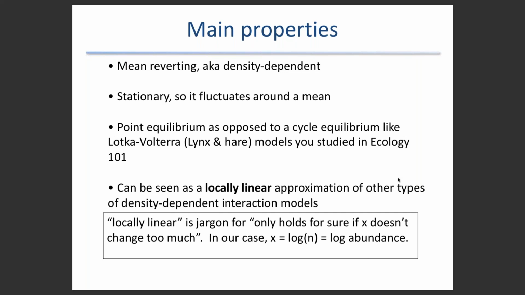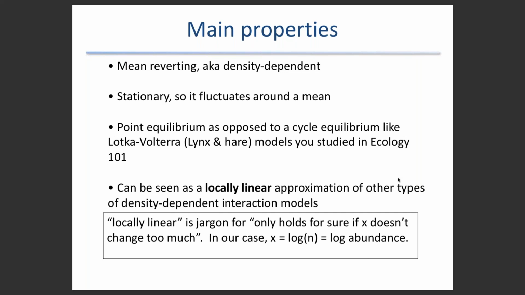Another feature of this is that even though this is a specific type of density dependence, a specific form of that line that I showed you of how u, the growth rate as a function of population size, the particular shape of that, it can be seen as a locally linear approximation of many other types of density dependence.